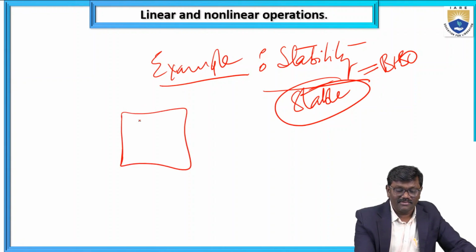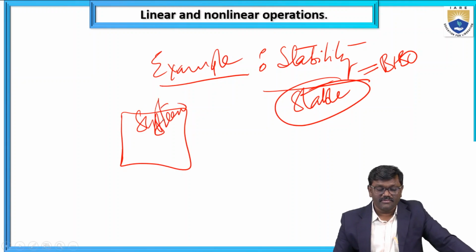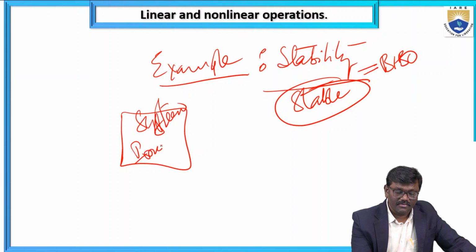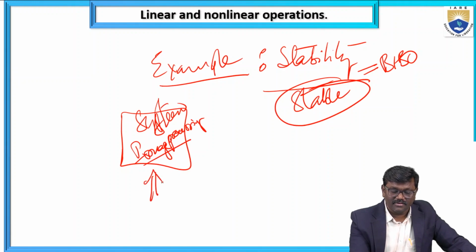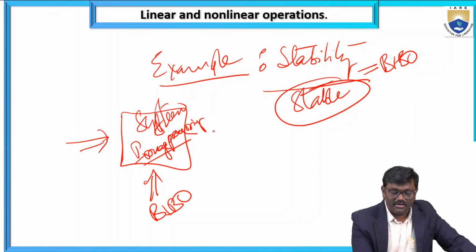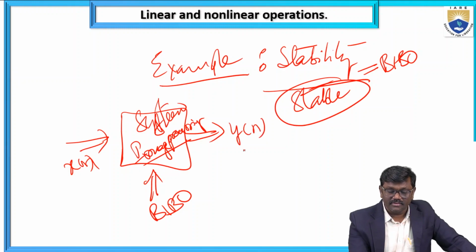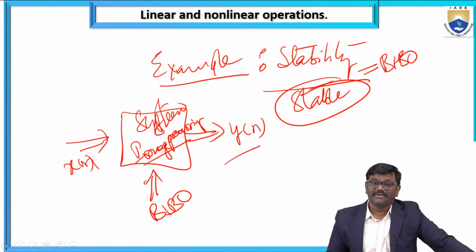So what is your system here? It is the image processing system. How are you concentrating here? Your image processing system operand is BIBO. Then what is the relationship between your x of n and y of n? It always obeys the condition.